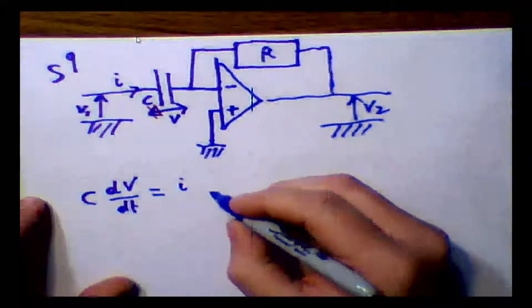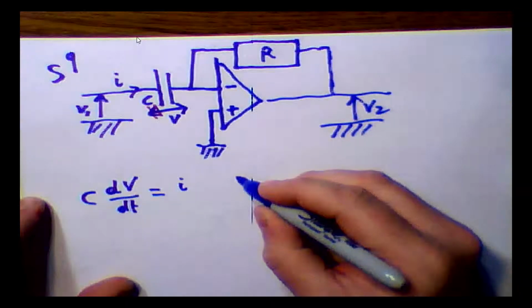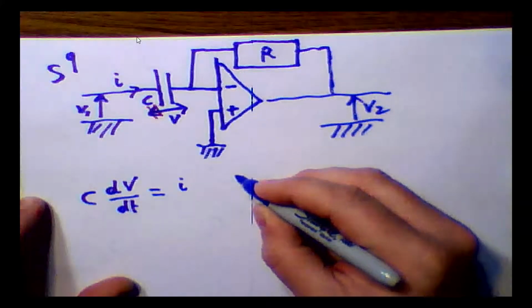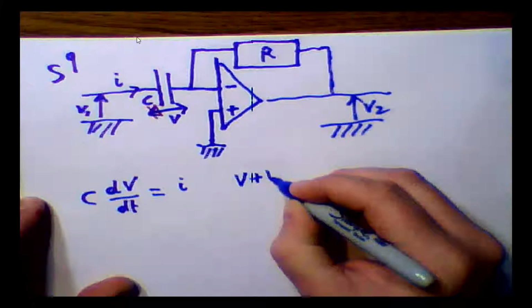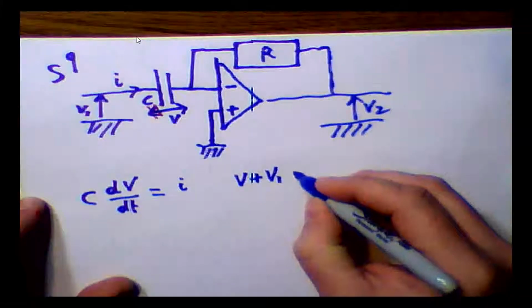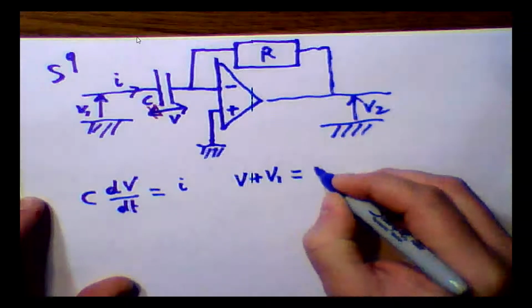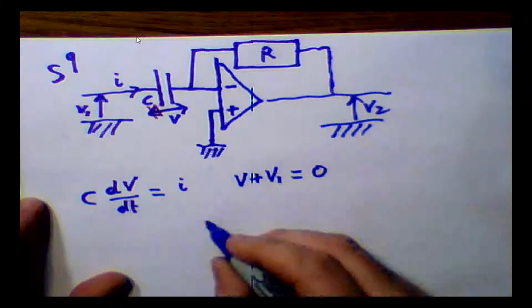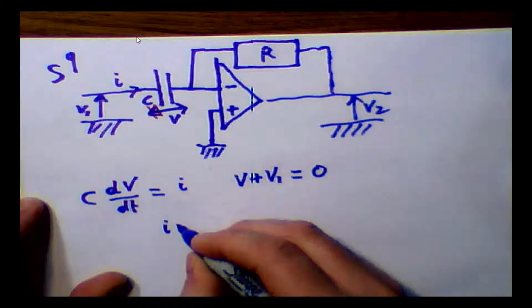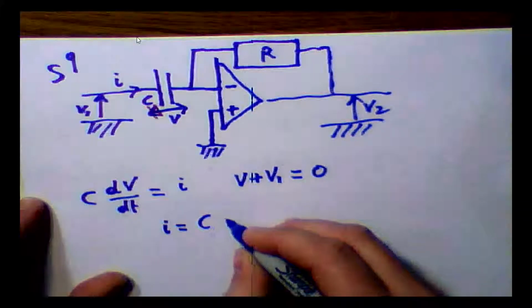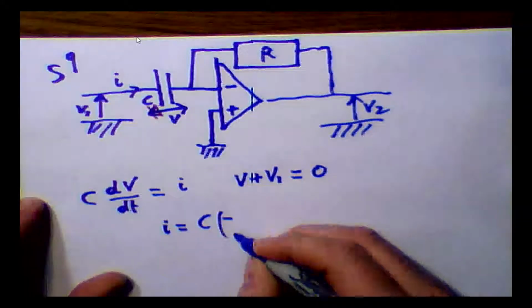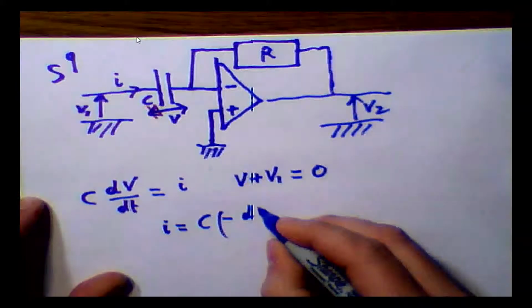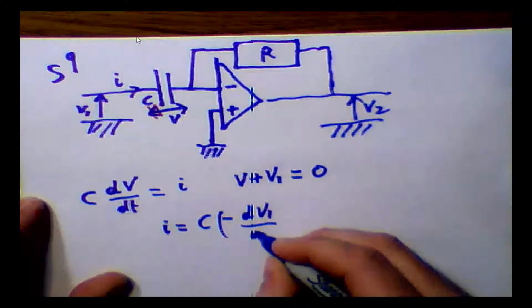And what we obtain is that V plus V1 must be equal to 0. Therefore, I is equal to C times minus dV1 dt.